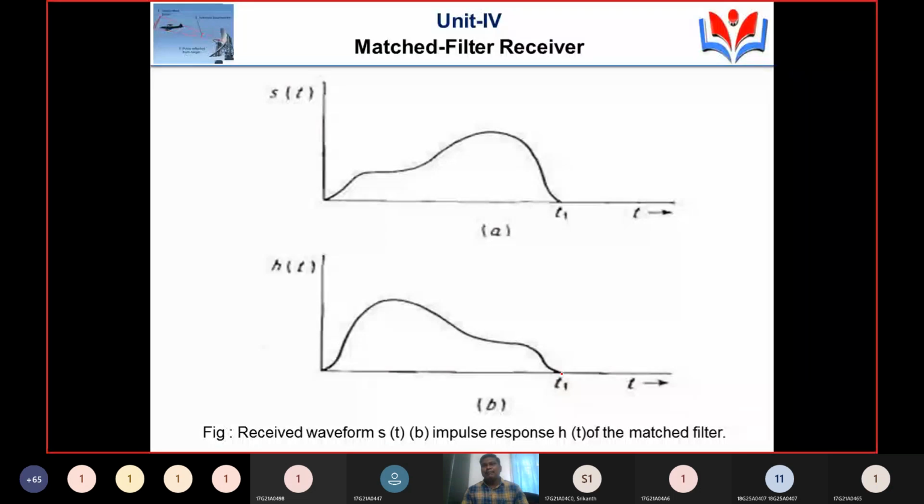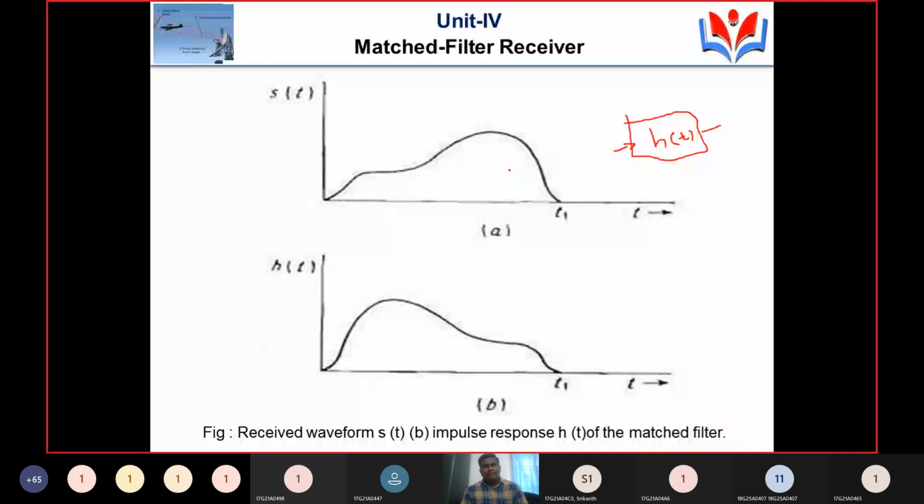So if you take the matched filter here, which will have some impulse response h of t, input x of t, and output y of t, we have to consider the correlation of these two. We know how to do correlation.